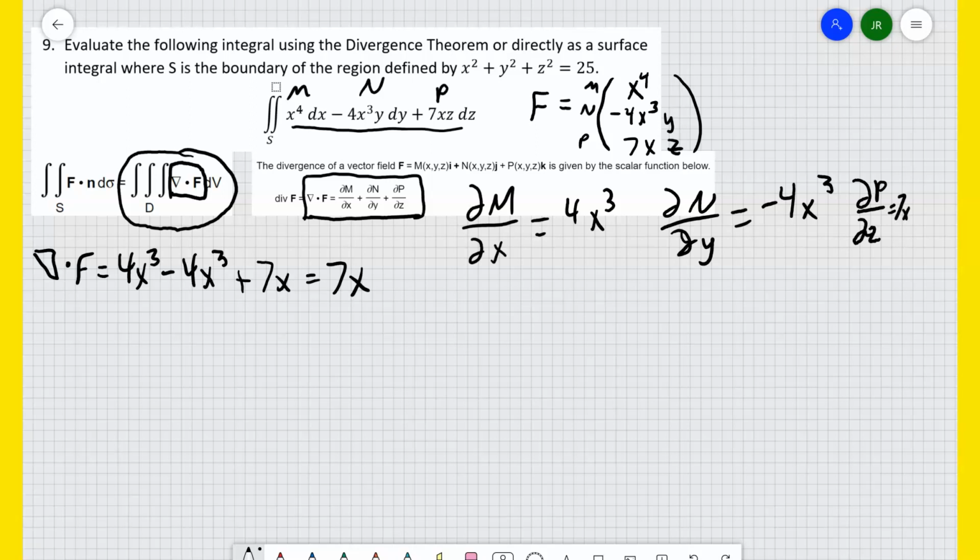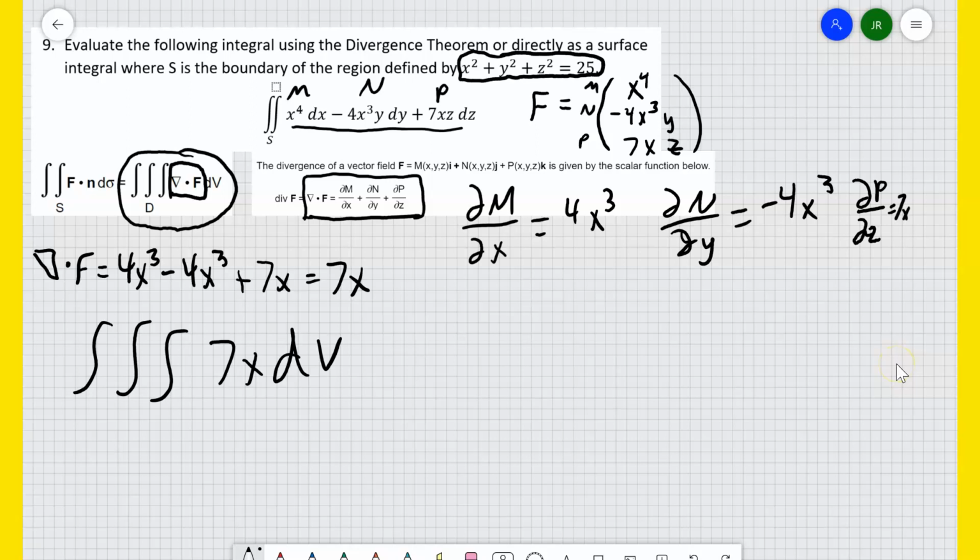So now we're doing the triple integral of 7x dV. But we are integrating that over a spherical surface. And to do that with just regular old rectangular coordinates is going to be really difficult. Spherical coordinates actually can make this simpler.